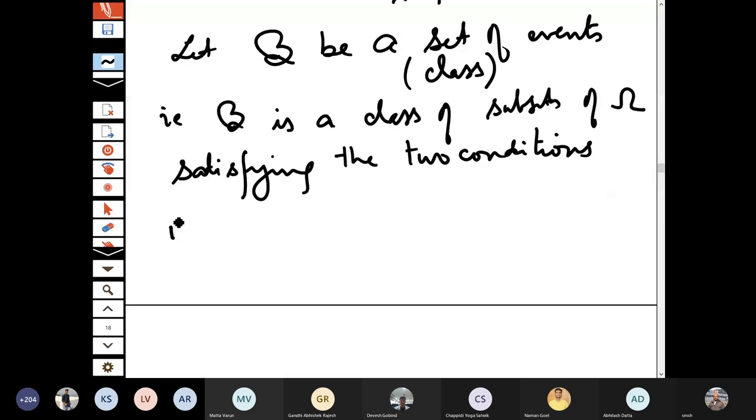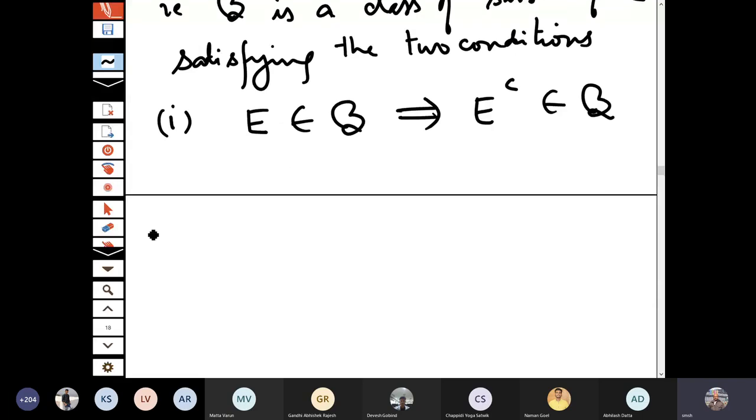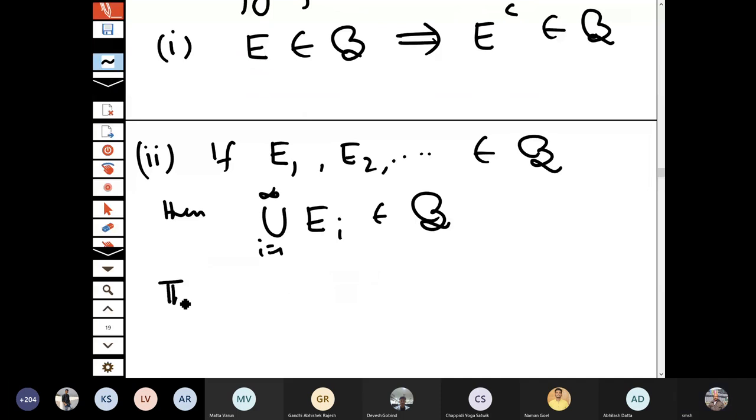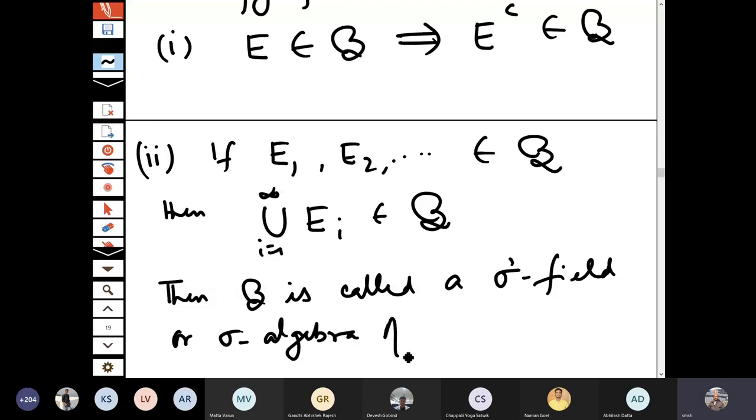One, E belonging to B implies that E complement belongs to B. And second, if E1, E2 and so on belong to B, then the union of E_i belongs to B. Then B is called a sigma field or sigma algebra of subsets of omega.